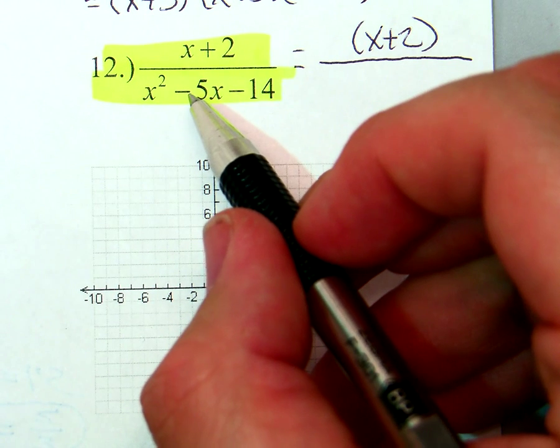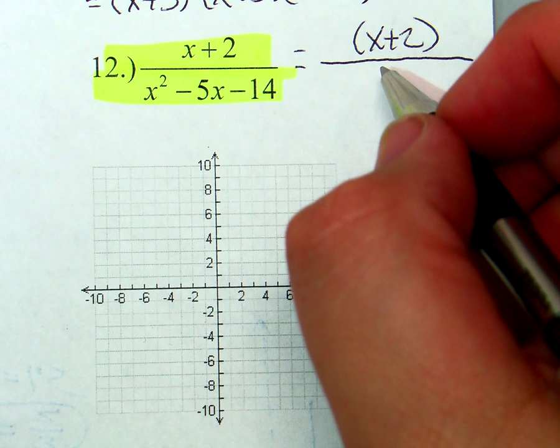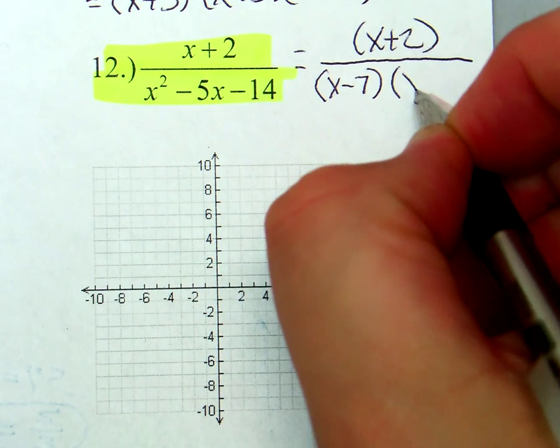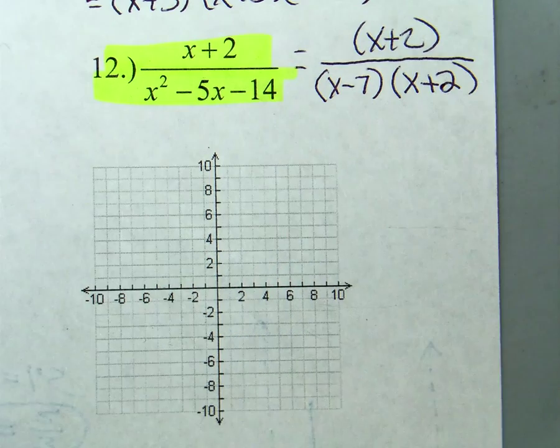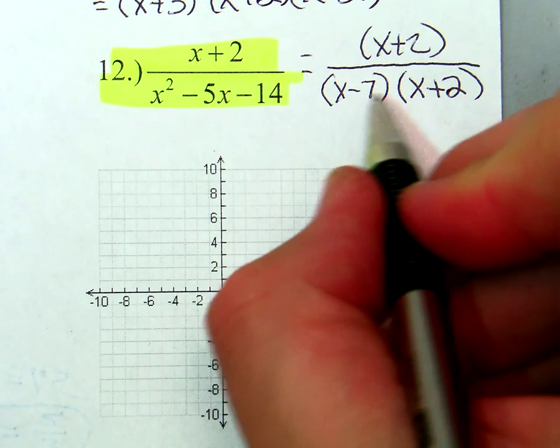Which one's negative, though? The 7. So I'm going to get x minus 7 and x plus 2. Negative 7 times 2 is negative 14, and negative 7x plus 2x gets me a negative 5.